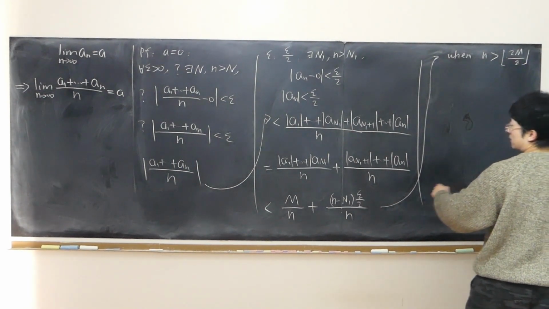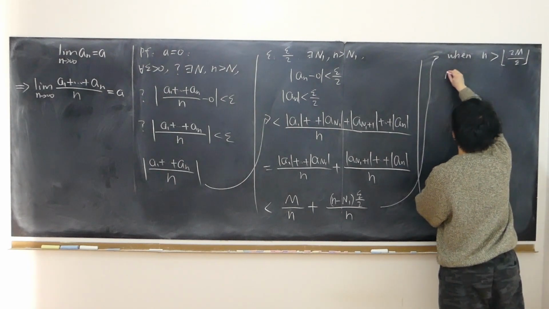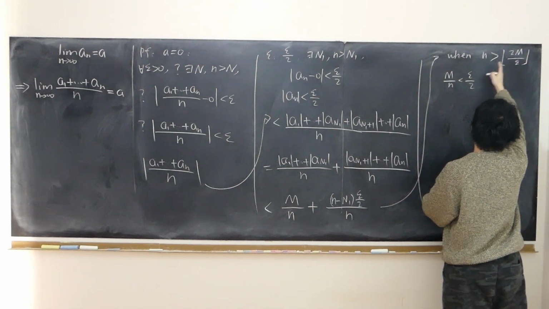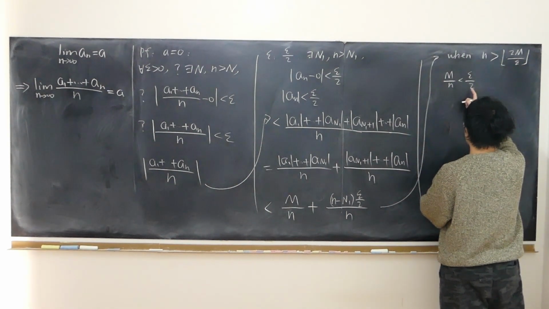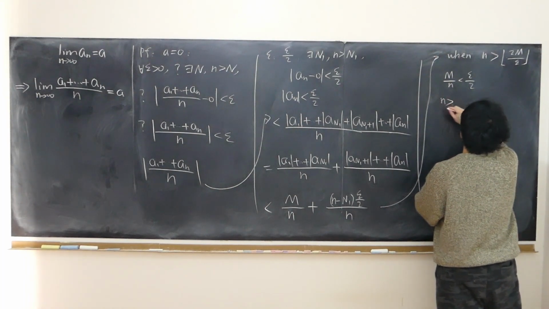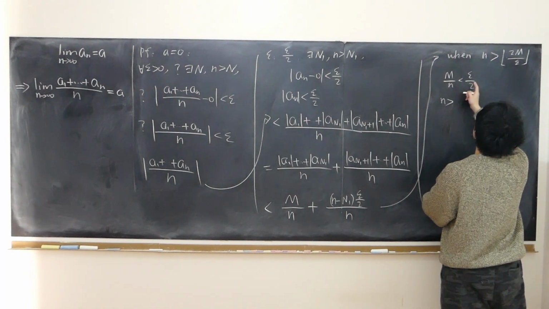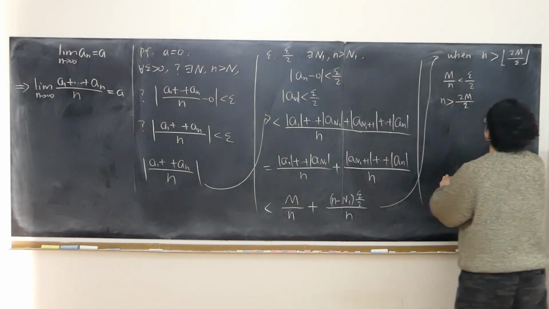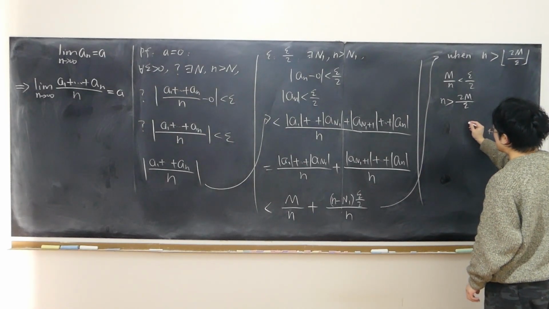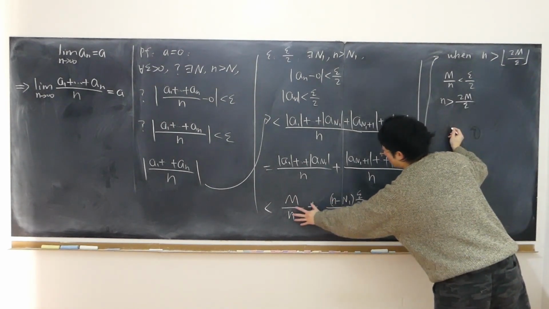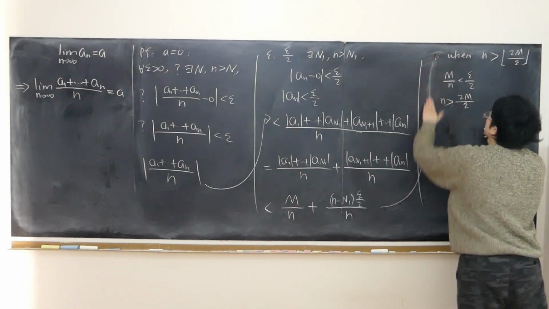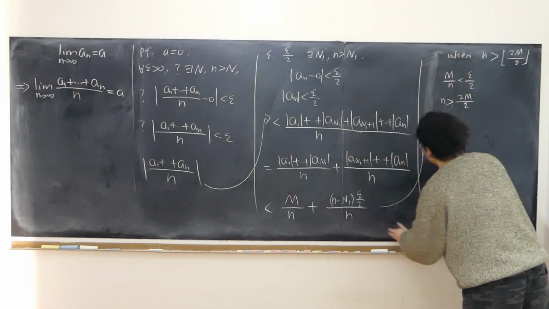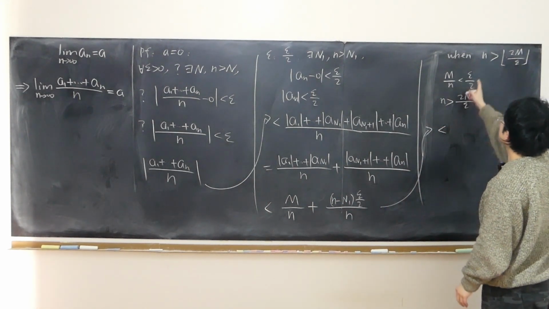In that case, I let M over n be small enough, smaller than half epsilon, and then I solve for little n larger than 2M over epsilon. That's where this comes from. So this can be small enough, so overall my expression can really be small enough.